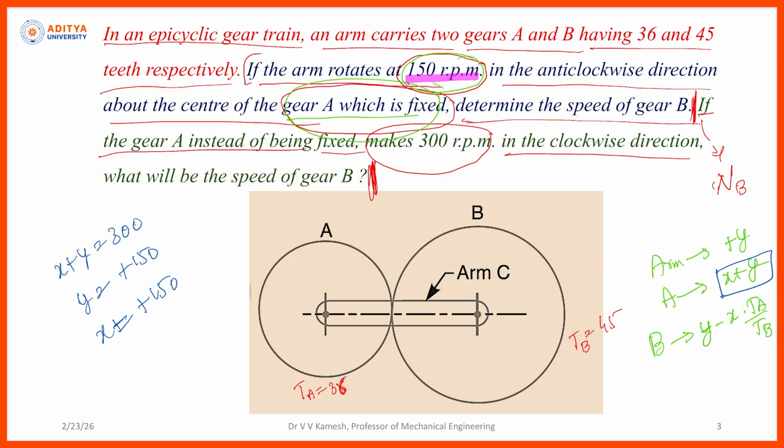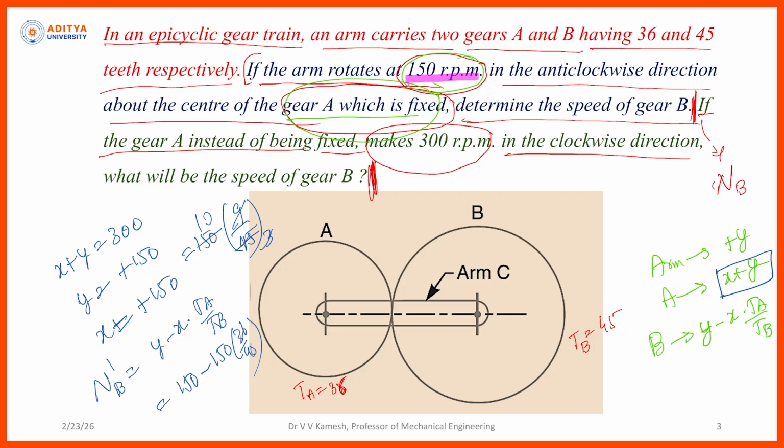Then what is the speed of gear B? Now I need to find NB dash, y minus x into TA by TB. So y will be 150 minus, again x is 150 into 36 by 45. You can find very easily. This will be equal to 150 into (45 minus 36) which is 9 by 45. So this will be 15 into 10, 15 into 3, 3 into 3. So this will be 30.